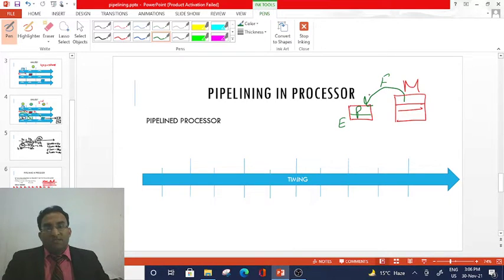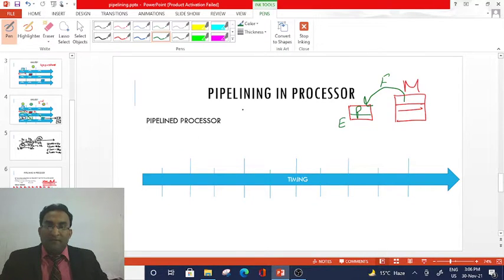Both these operations, fetching and execution, are independent of each other. Why? Because only when the instruction has been fetched can execution take place. So now let us see this concept in the pipeline processor.